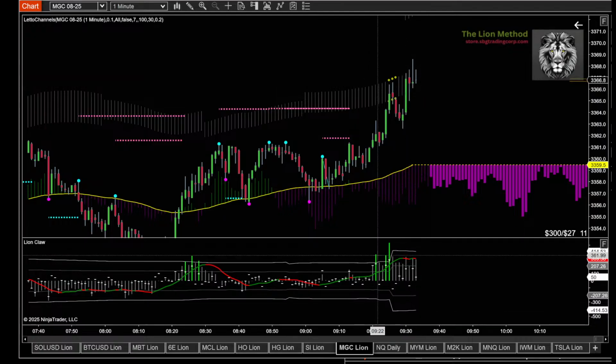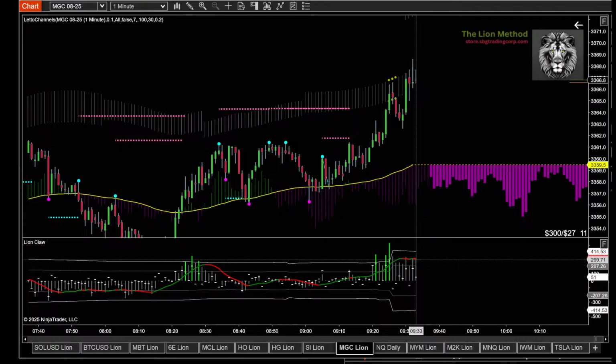Gold is still positive net delta. I'm waiting for this sell dot to appear. 1, 2, 3, 4. Should be after this bar. 1, 2, 3, 4. And I need net delta to go downward.